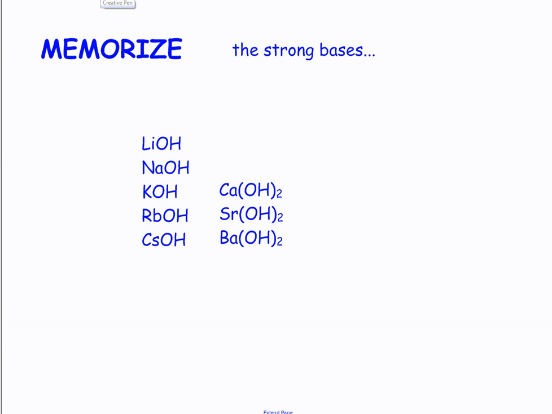Everything in the first group is a group 1 ion. And in the second group, it's the bottom half of the group 2 ions. So group 1 and calcium, strontium, barium, those are our strong bases. Those completely ionize in water 100%, and they make hydroxide ions.